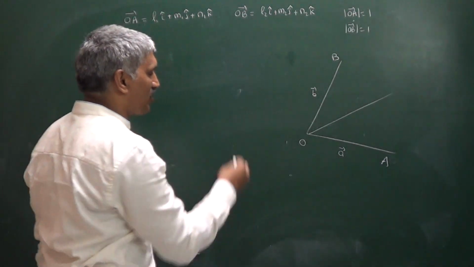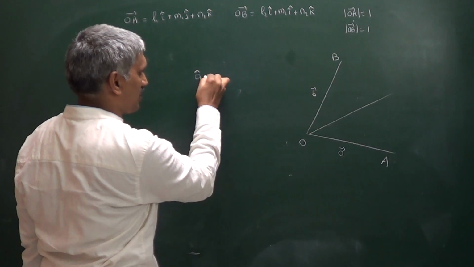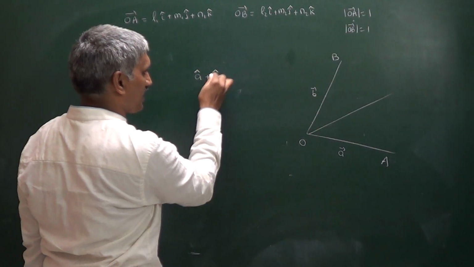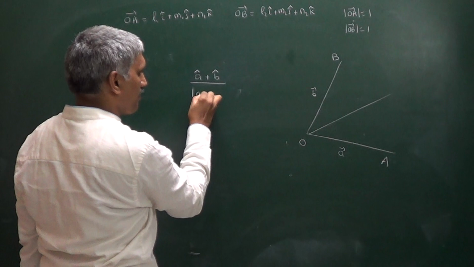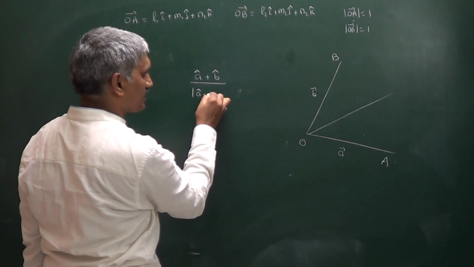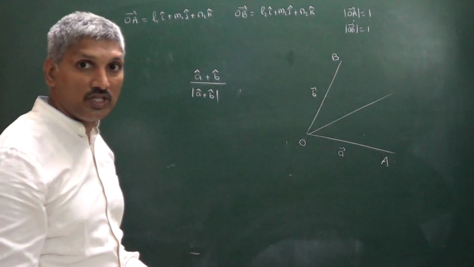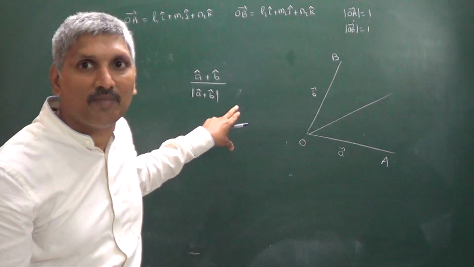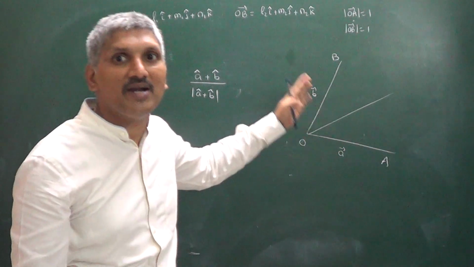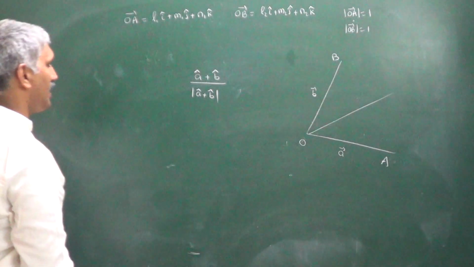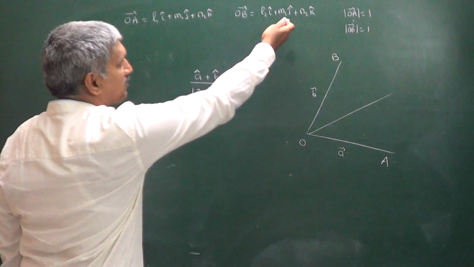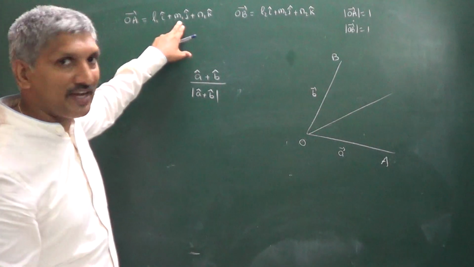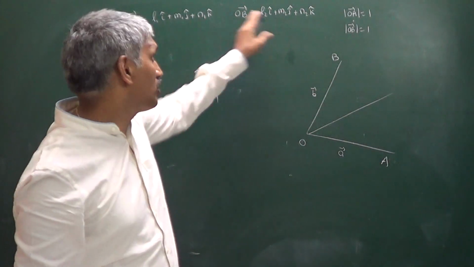The unit vector along the internal angle bisector is A cap plus B cap divided by magnitude of A cap plus B cap. This is the unit vector along the internal angle bisector of A bar and B bar. Now A cap and B cap are already unit vectors, these are already caps.